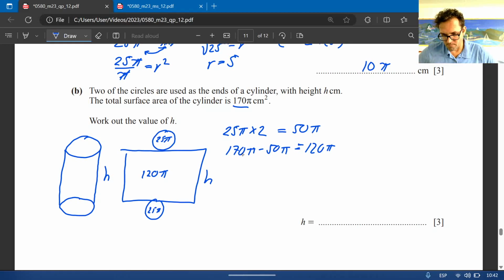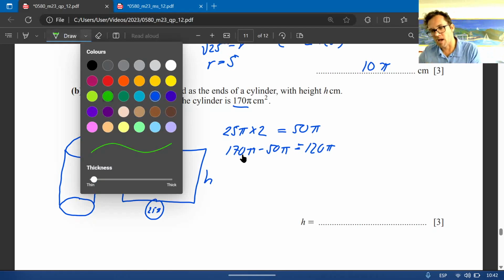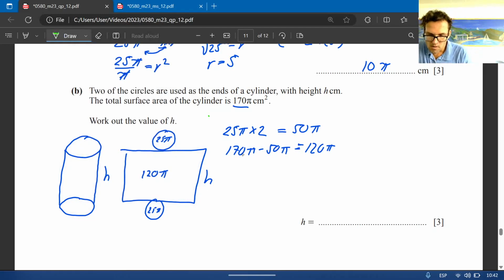Now, the question is, how long is that rectangle? What is this length? If we got that length, we can just say h times whatever gives us 120 pi. Well, if you fold that rectangle around, it forms the circumference of this circle.